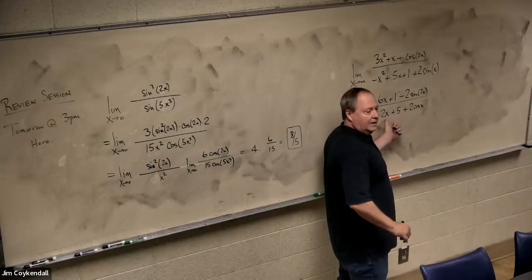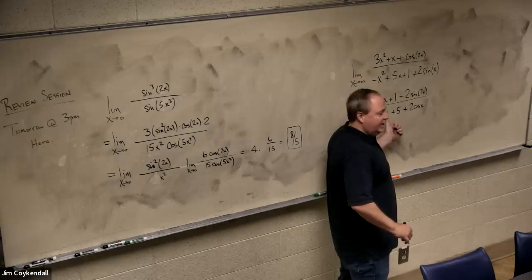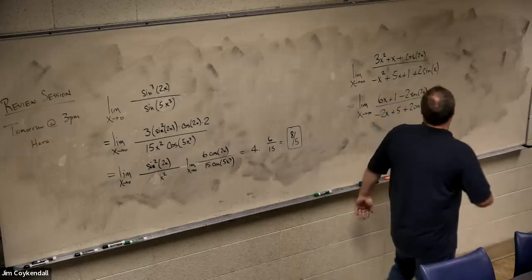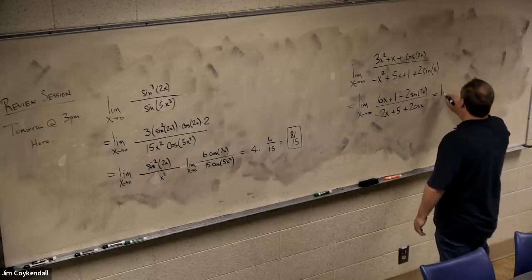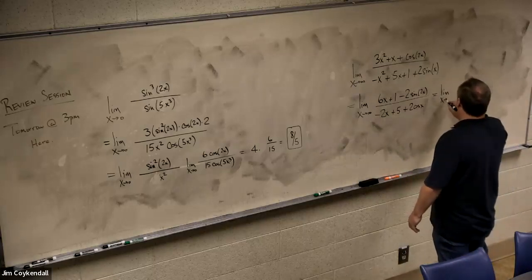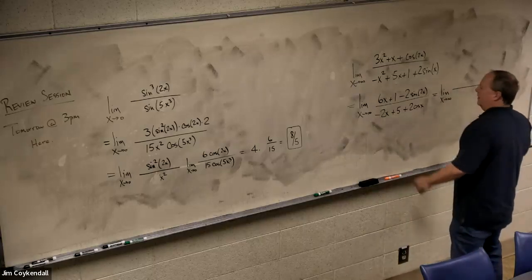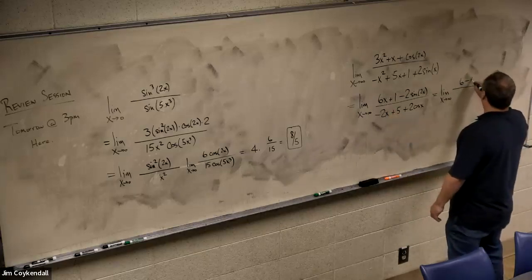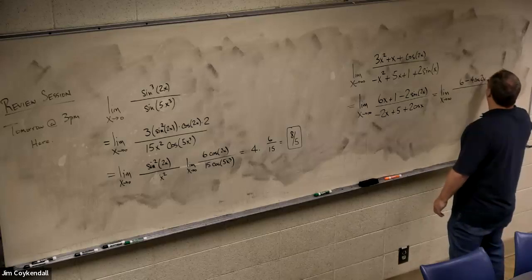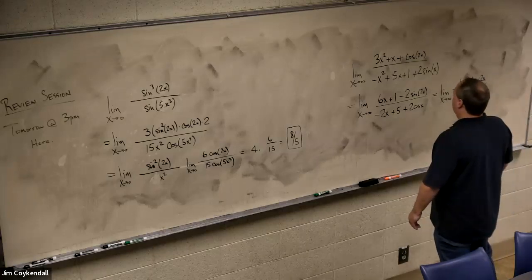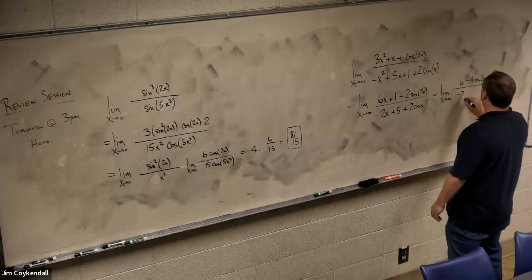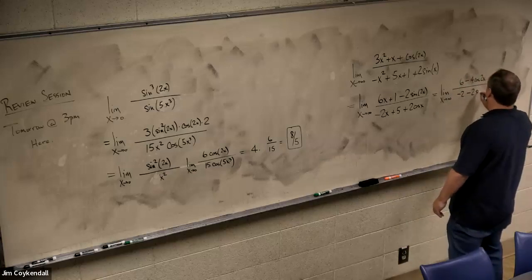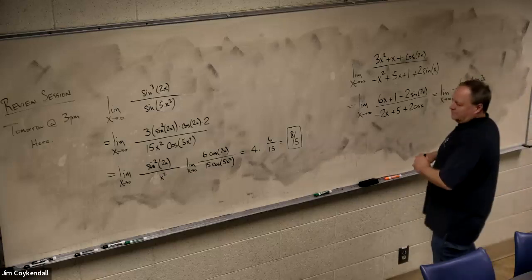As x goes to infinity, the bottom is going huge negative, plus a small number. So let's do what we call L'Hopital's rule one time. I get 6 minus 4 cosine 2x, right? Over minus 2 minus 2 sine x.